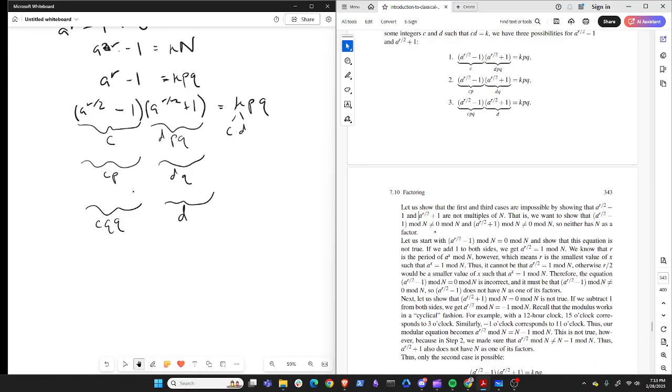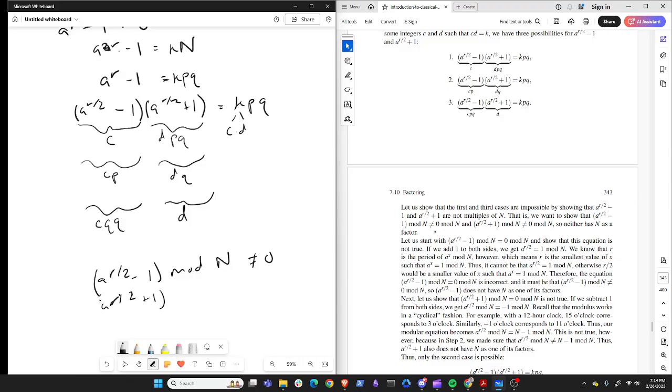That is that a^(r/2) minus 1 modulus n does not equal 0, and similarly for a^(r/2) plus 1, it's not equal to 0.